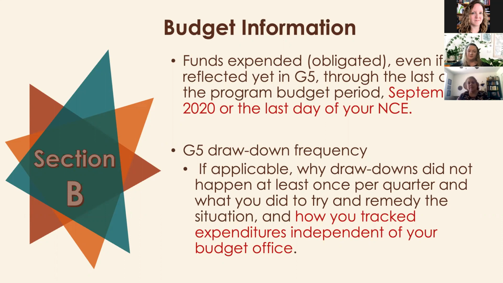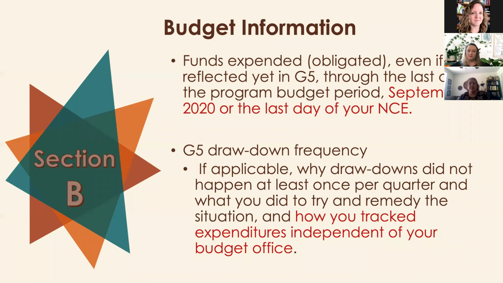Again, you're talking about your funds expended, even if not reflected yet in G5 through the last day of your budget period. So you need to spend all through, up through the last day of your grant. Or if you have a no cost extension, of course, you can obligate those funds up through there.